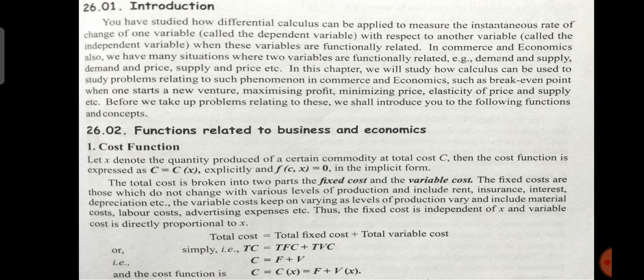With x the quantity produced at total cost C, the cost function is expressed as capital C equals C of x, the cost of that product, or the quantity of that product produced at the cost C. Then F of C, x is equal to 0, which is the implicit form.